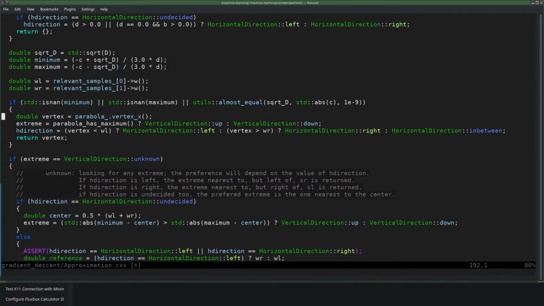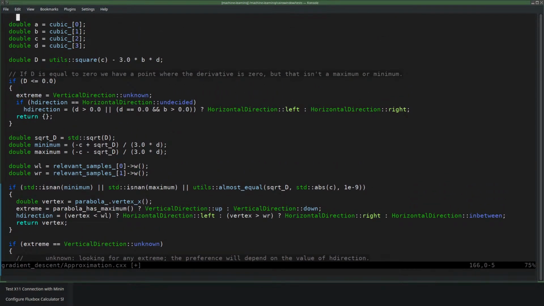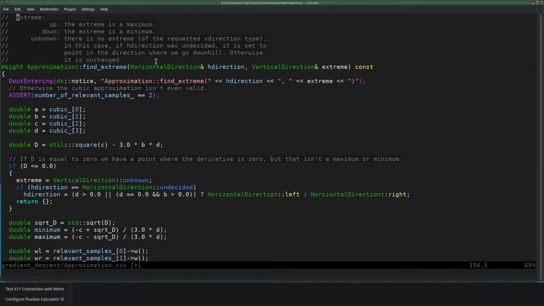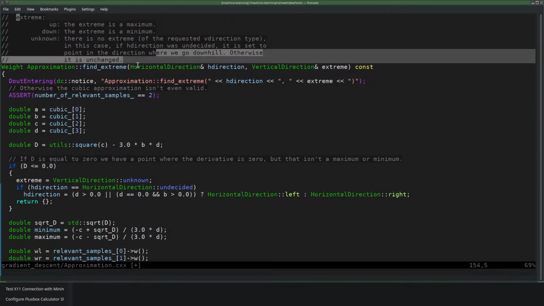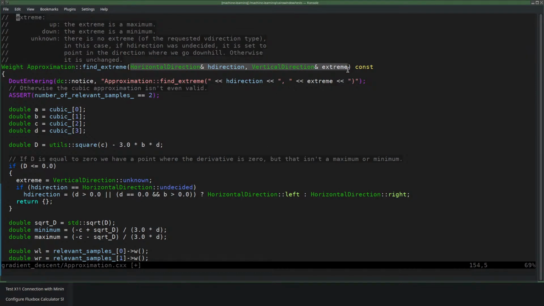So why would I not return this? Well, I would not return this if the extreme does not match the one that we want, for example, or the extraction doesn't match what you want. So I can't just assign them because I need to know what we want, and that is stored in the same variables. So I have to come up with another. These are just passed by reference, so they are both input and output variables.